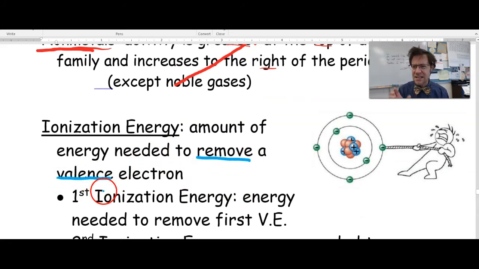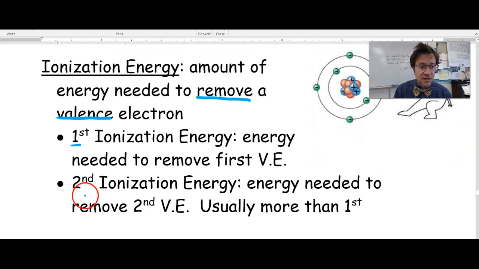It's like how much energy do we need to shoot at this thing to break off an electron, and it's literally this. This guy right here, this is ionization energy. He represents the amount of force or energy it takes to break off that first valence electron. The first ionization energy is breaking off the first, and the second ionization energy is breaking off the second.